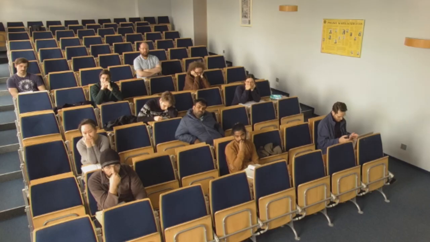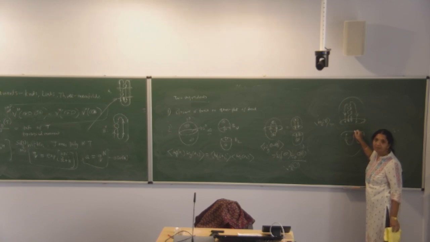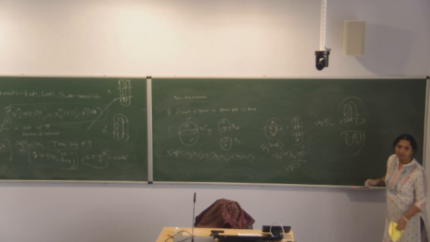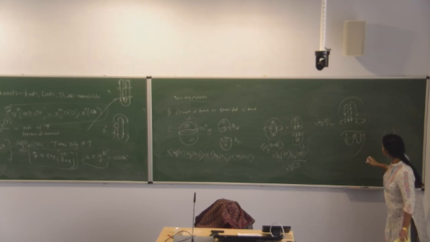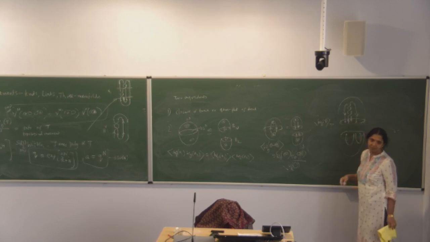So as far as this ball is concerned, if this was going into the ball, this one is outgoing from the ball. So you have to keep track of them when you are doing those calculations. Many times what we do is, if we put a representation R here, we're not looking at only the fundamental.